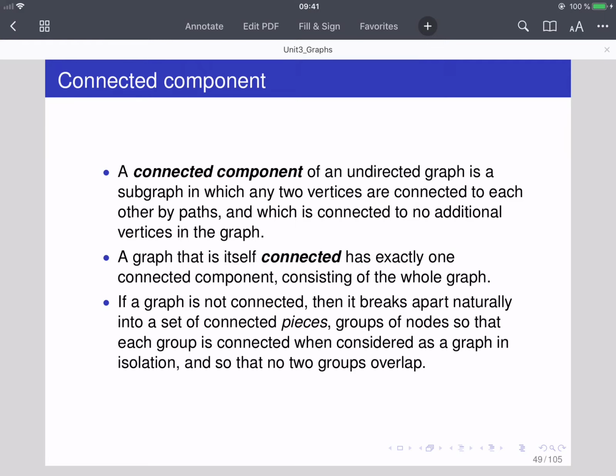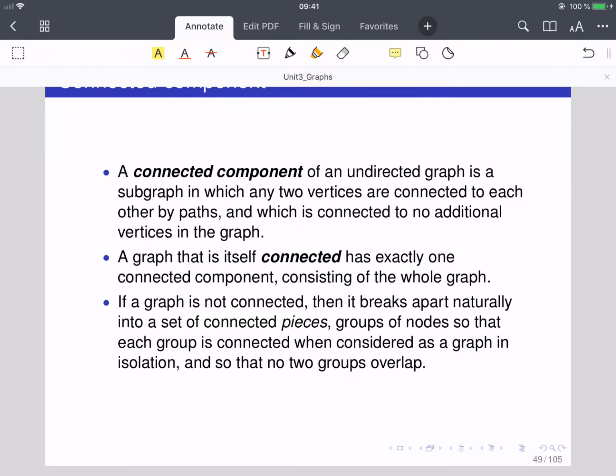And for a graph to be connected, what we are interested in, for instance, when we have a network of computers, we want it to be connected, what we must have is that there is only one connected component in the graph. Okay, if there is only one connected component in the graph, it means that all the vertices are reachable from the other vertices.